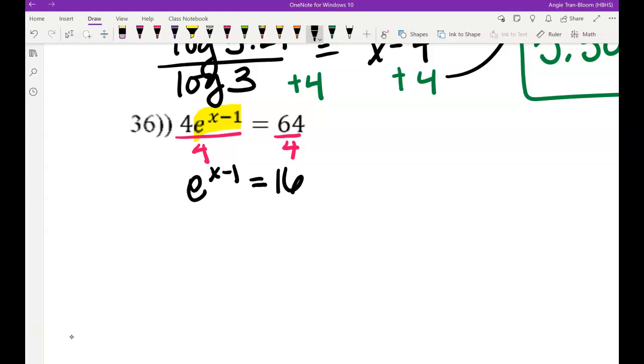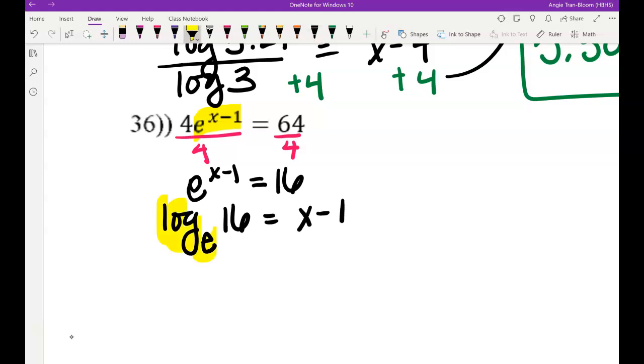Then, well, e is about 2.718, which is an irrational number, so we can't really make it the same base as your 16. But we are going to use natural log, okay? If you don't know, natural log is log base e, and we're going to convert that very soon. So you can start out with writing log base e of 16 equals x minus 1.